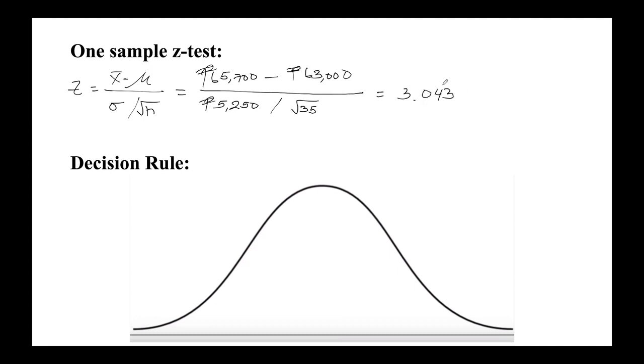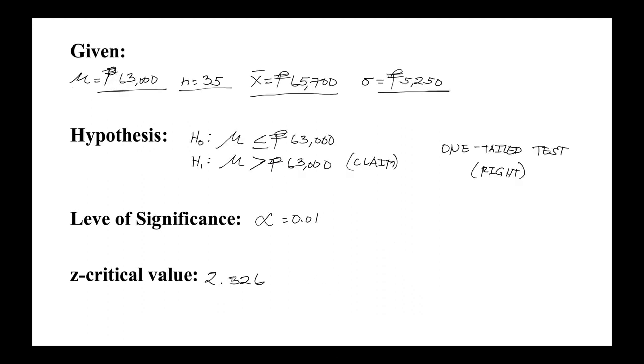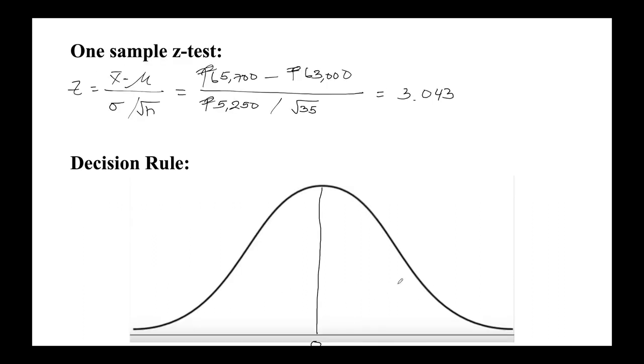Now, what will be our decision rule? Let's have here our standard normal distribution. The center again is 0. Since our critical value, sabi natin 2.326, let's have here 2.326.